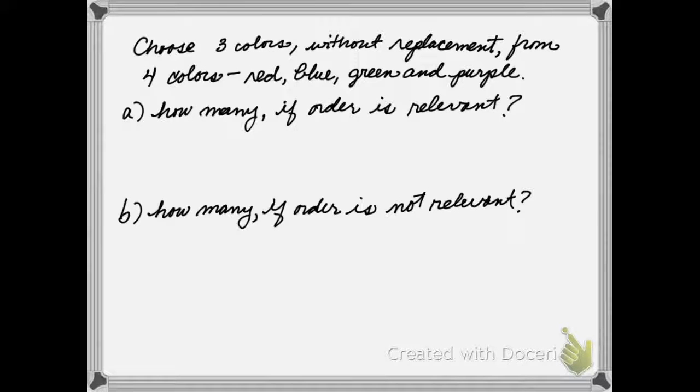In this one here, I'm going to choose 3 colors without replacement from 4 colors. So I'm going to choose 3 of these colors here: red, blue, green, and purple. How many ways are there to choose 3? So I could list them out, right? I could choose red, blue, green.